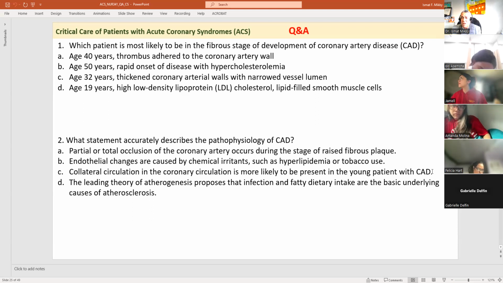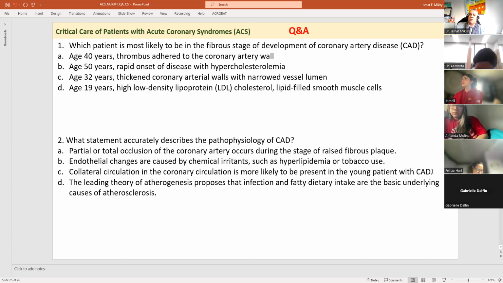Again, some patients would live with severe angina, still angina, not acute MI, for years with 100% blockage, complete blockage of one or two coronary arteries, and they survive. But they will have severe chest pain when they walk, exercise, or do any activity.